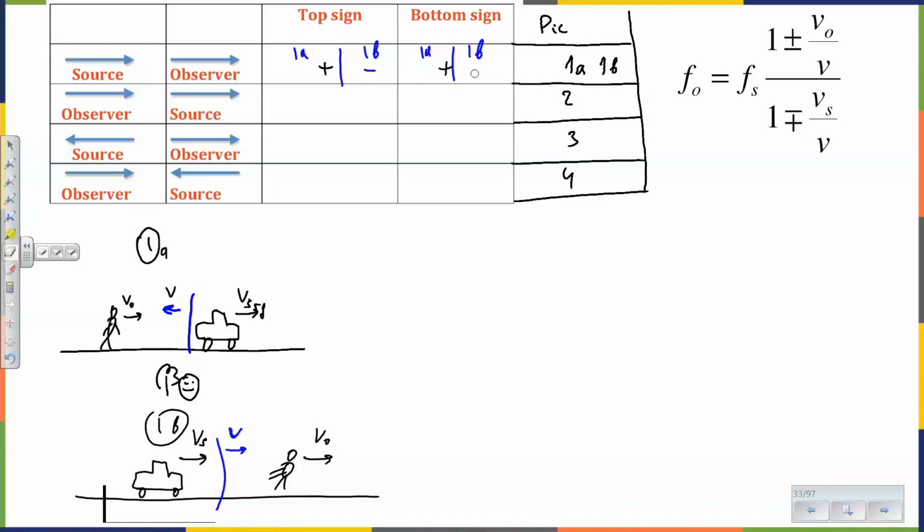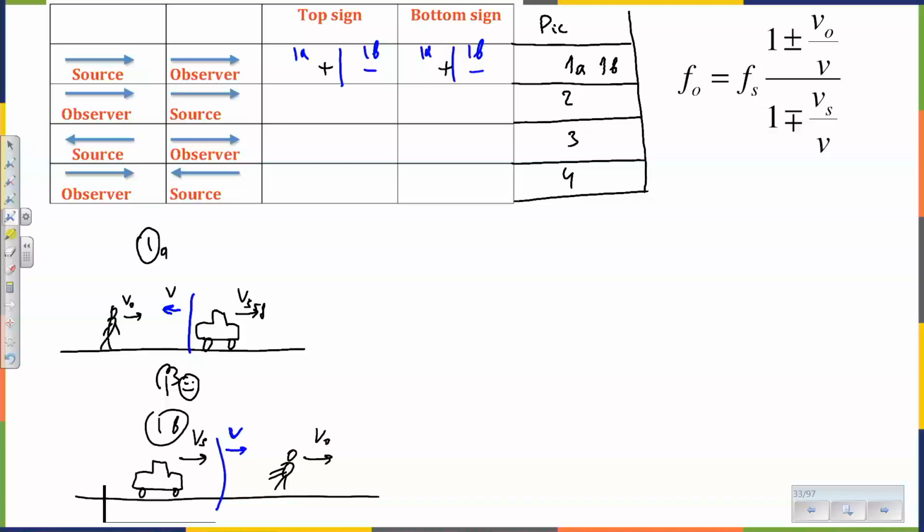Just a sec. Let me think. Sometimes I really need to think. So what did I say? It's a minus. And we should decrease the denominator to increase the frequency. The frequency should go up.